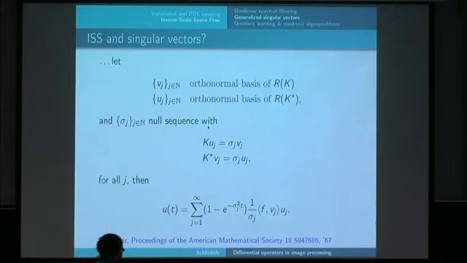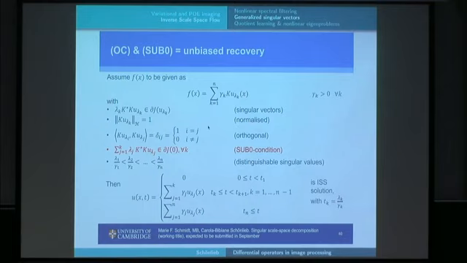So what about if my f is now a combination of more than one eigenfunction? Then you can also show something similar, but you need an additional condition. I will not go there because I want to tell you a little bit about the quotient learning again.